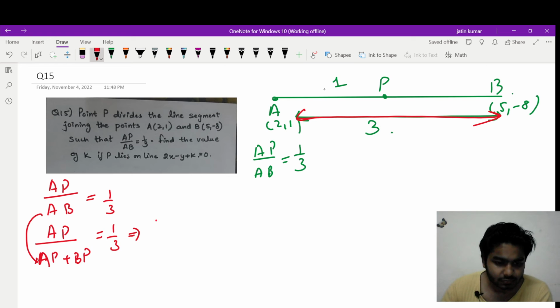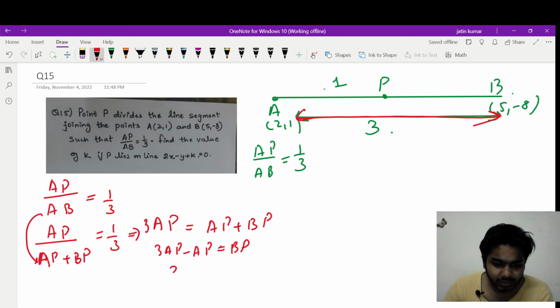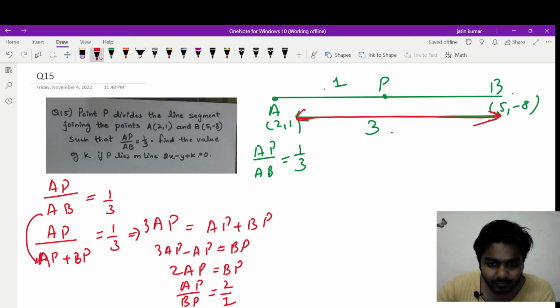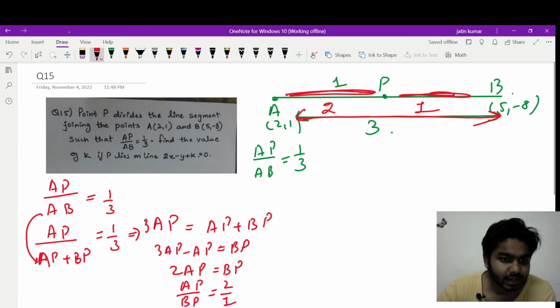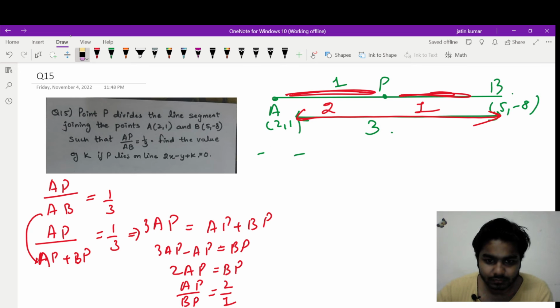On cross multiplying, 3AP is equal to AP plus BP. So 3AP minus AP is equal to BP, so 2AP is equal to BP. So AP upon BP we have got 2 upon 1. So AP we got 2 and BP we got 1. So ultimately our ratio is 2:1.